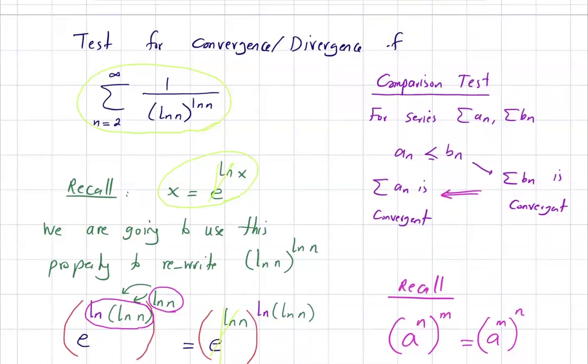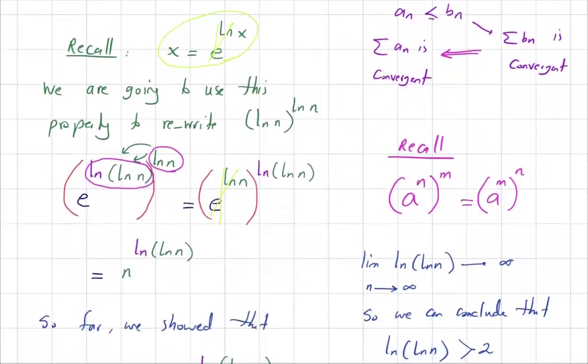So whatever we have, e to power ln of n to power ln of n, is basically written as e to power ln of n raised to power ln of n, because of the property of the multiplication of powers. You can switch these two powers. You have the same base, which is e. You get e to power ln of n raised to power ln of n. But e and ln get canceled out, so you're left with n to power something.